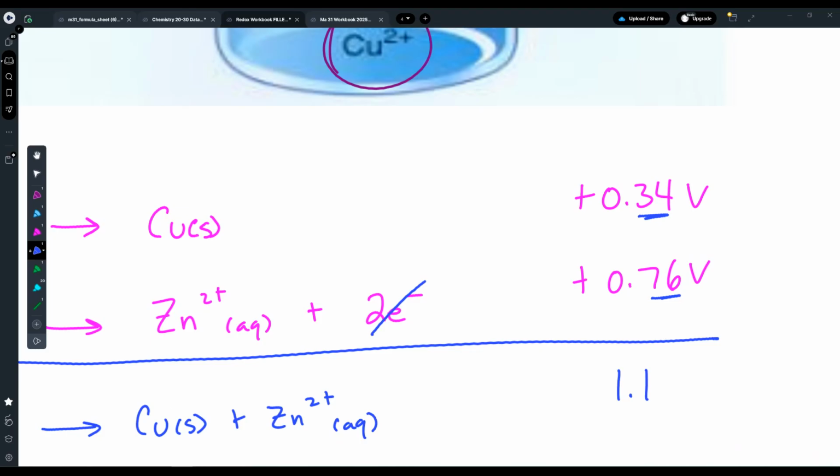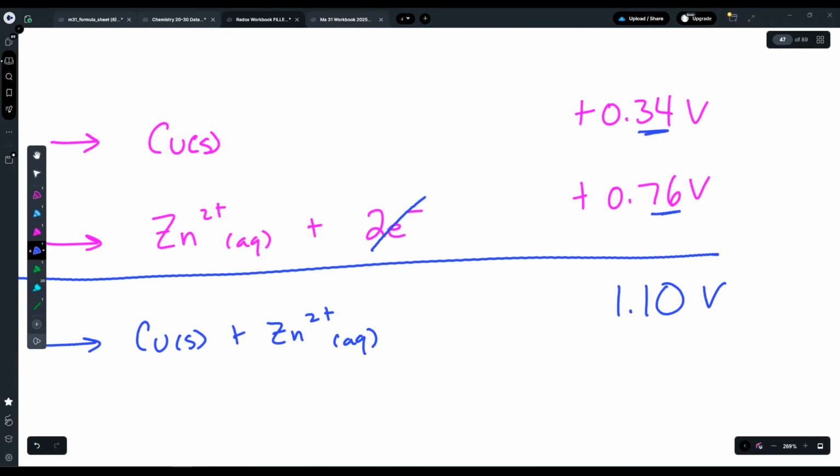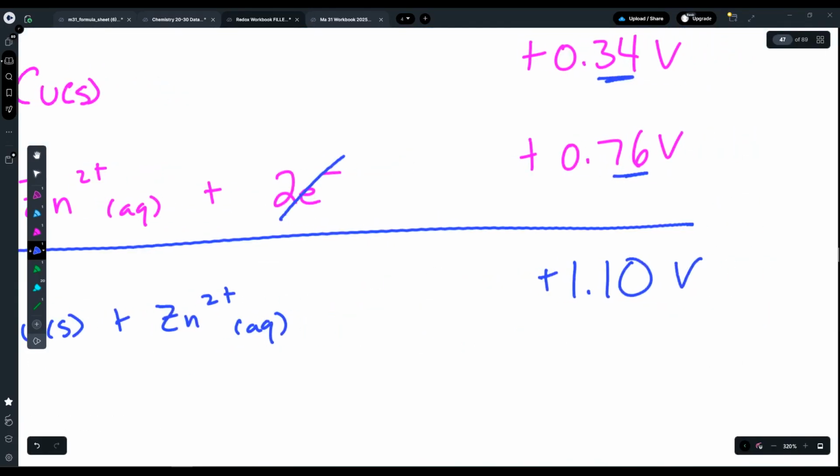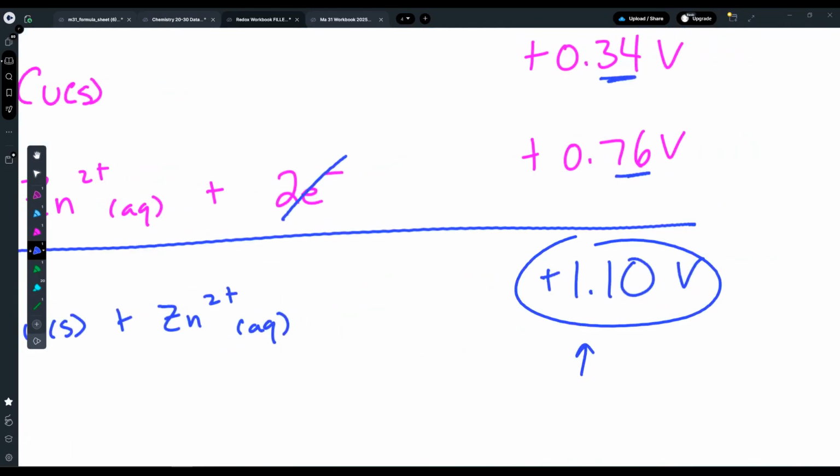Since both of these numbers have 2 significant digits after the decimal, my final answer needs to have 2 significant digits after the decimal. So don't forget about sig-digs. Sig-digs I'm going to abbreviate to SD.